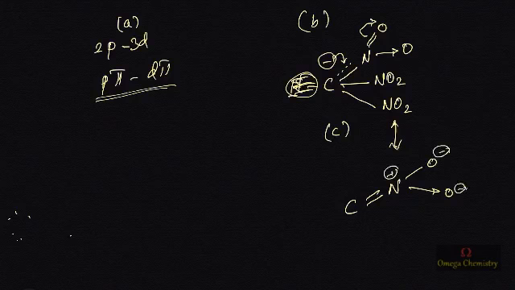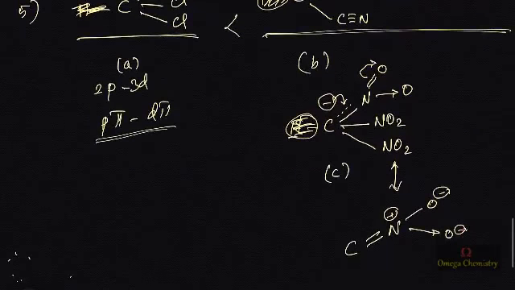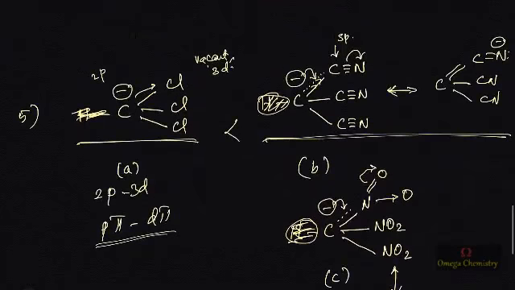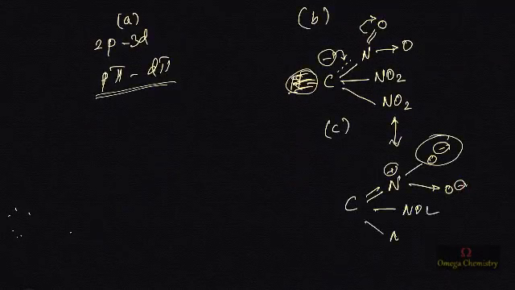Now in case B and case C, negative charges are produced on more electronegative atoms, whereas in case B the negative charge is generated on nitrogen, see, whereas in case C the negative charge is generated on oxygen, right? We have two more NO2 groups, of course.